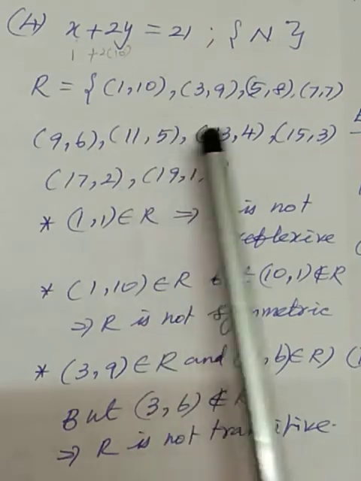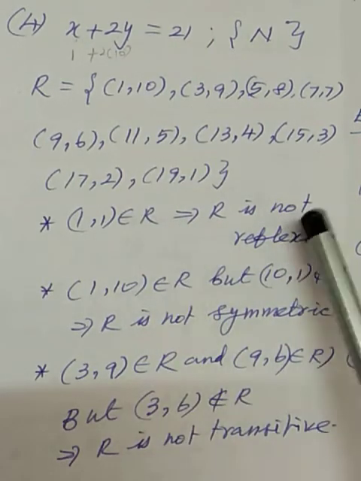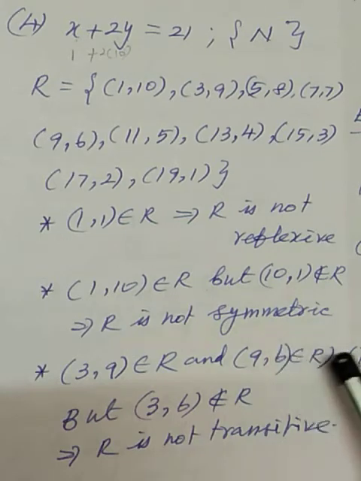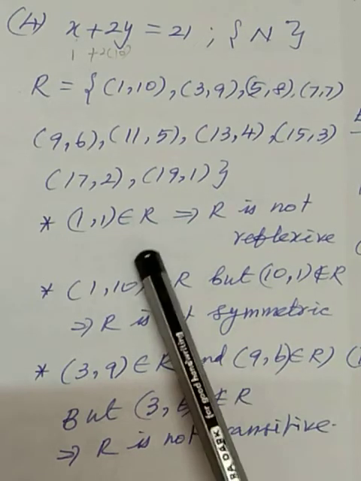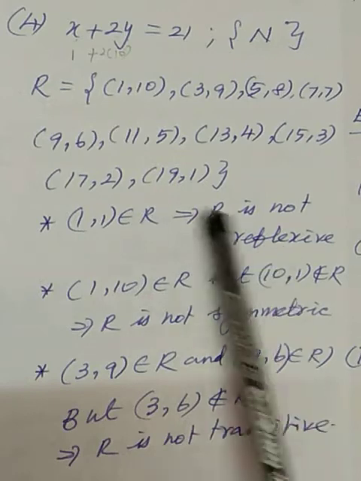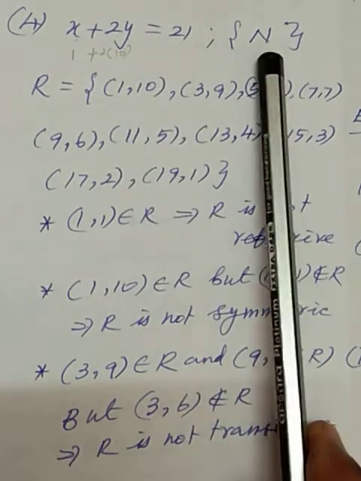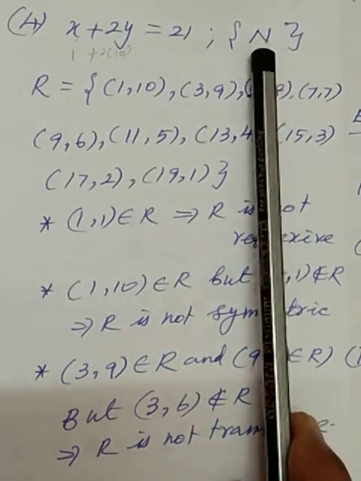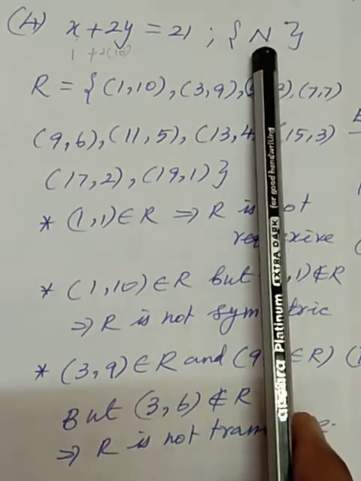Now we verify one by one whether R is reflexive or symmetric or transitive. So first, reflexive. The set is the natural numbers. So how many numbers are in the natural numbers?